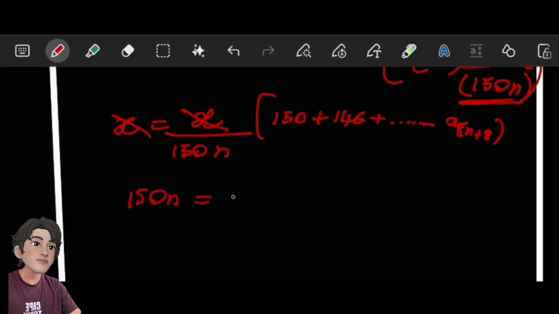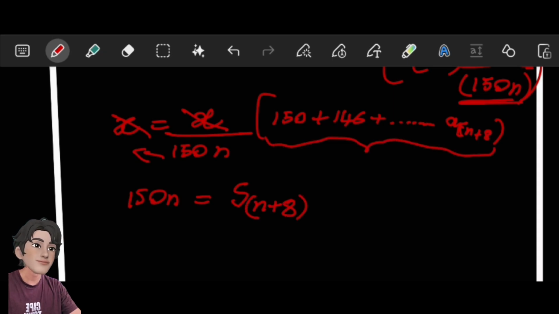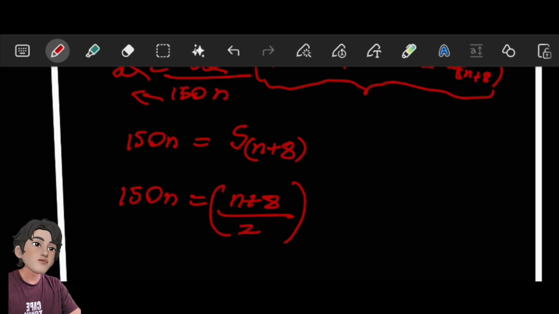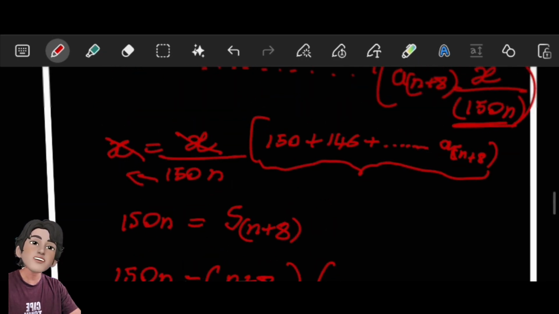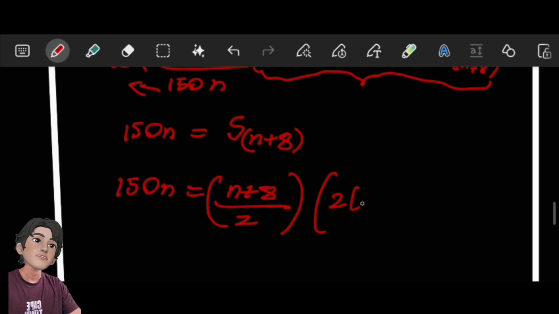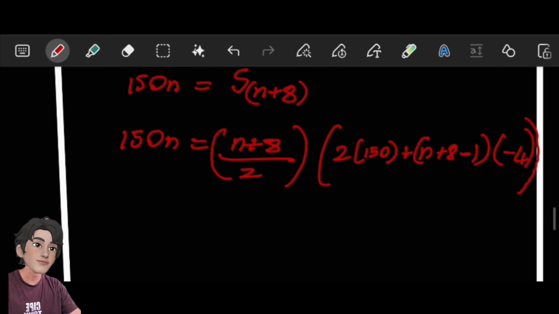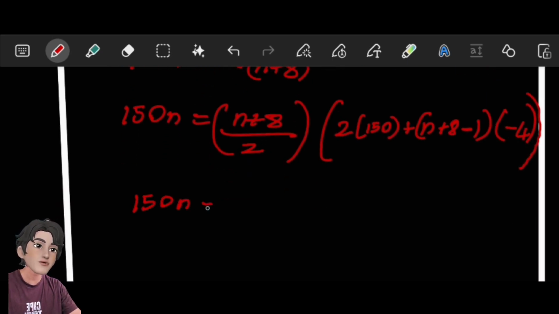Now simplifying the equation, the things inside the bracket are nothing but the sum of an arithmetic progression. The formula is n by 2 times 2a plus n minus 1 times d. Here we can see that a is 150 and the number of terms is n plus 8, which is the number of days it took to complete the work in case 2.